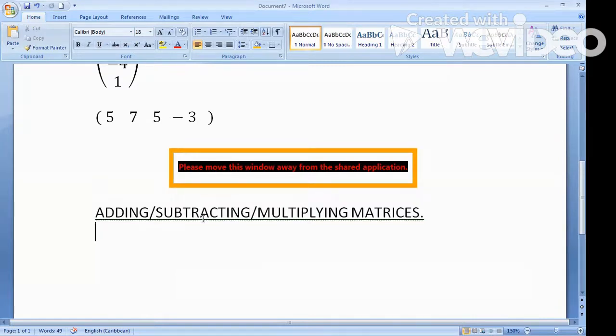Okay, so adding, subtracting, and multiplying matrices.